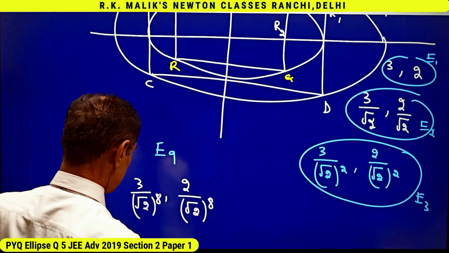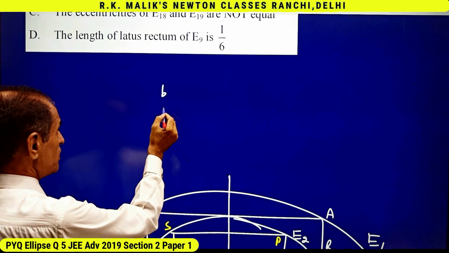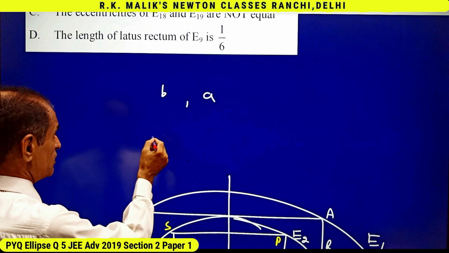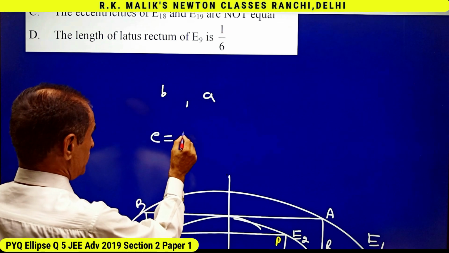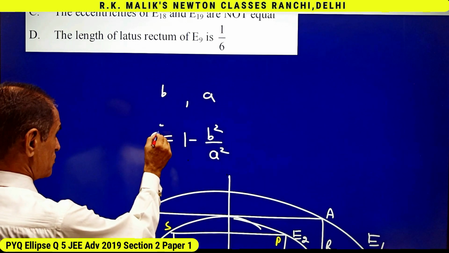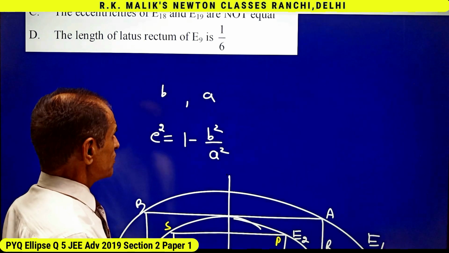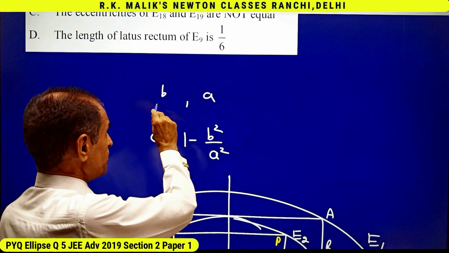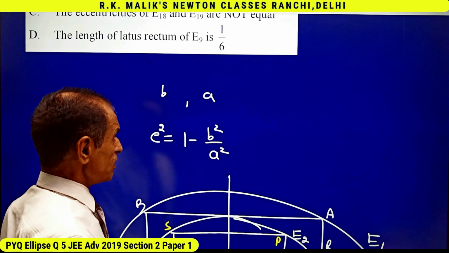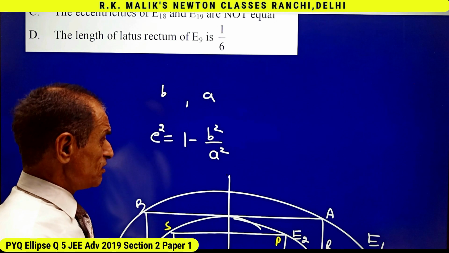the length of the semi-major axis will become 3 by root 2 to the power 8 and 2 by root 2 to the power 8. And it should also be known to you, the length of the semi-minor axis is b and the length of the semi-major axis is a. The eccentricity of that ellipse is obtained by the formula square root of 1 minus b square upon a square. From here, I can easily conclude that if I divide or multiply the semi-minor axis and semi-major axis by the same constant r, the new ellipse will have the same eccentricity.